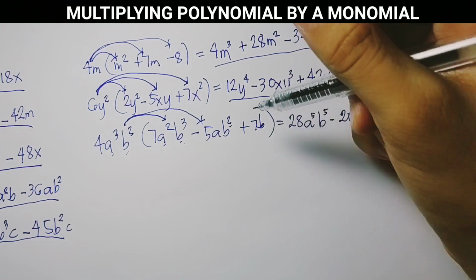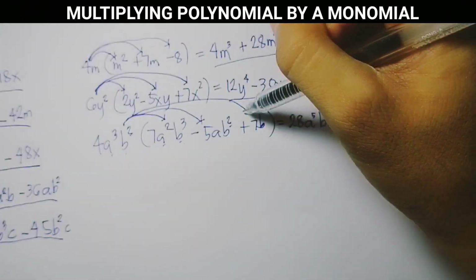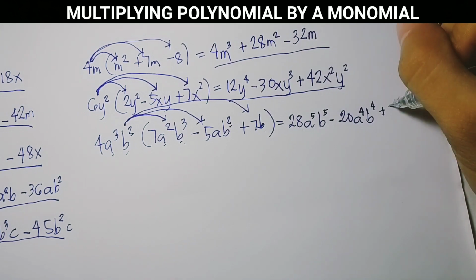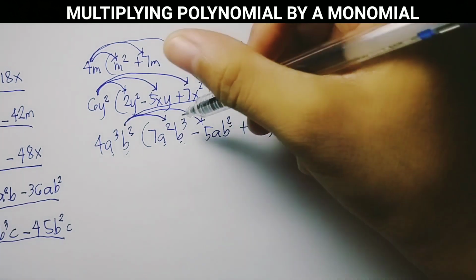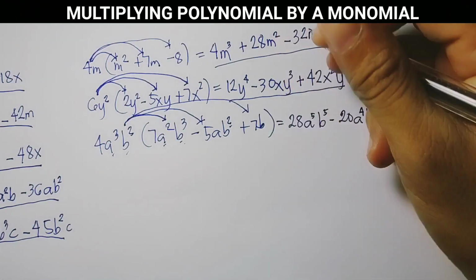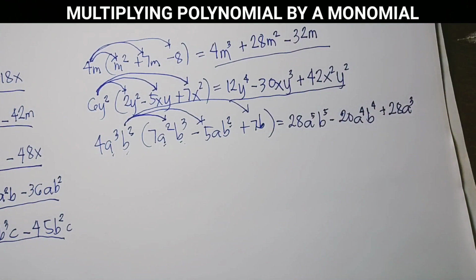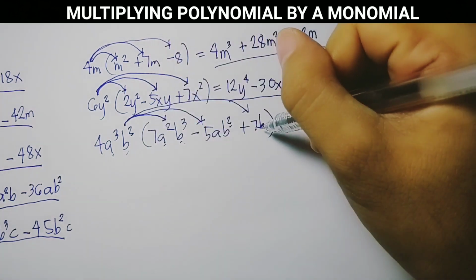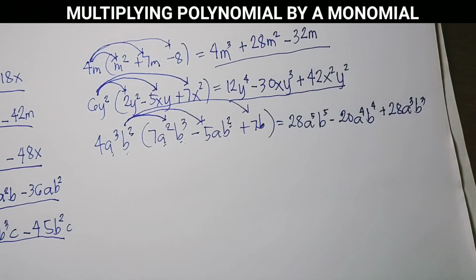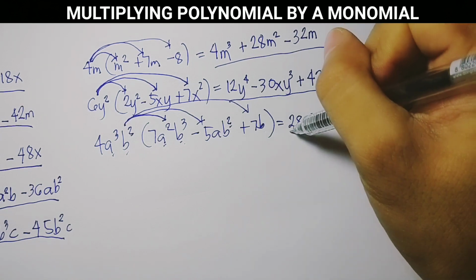Diri na ta sa last term. So 4 times 7, that is positive 28 nya. Sa a cube times, wala may a diri, so kopyahon ra di ay si a cube nya. Sa b na may b sa pika, so that is b 2 plus 1, that is 3. So ipang-add na to ang exponent pag mag-multiply, kopyahon ra ang variable. So naa na tay product.